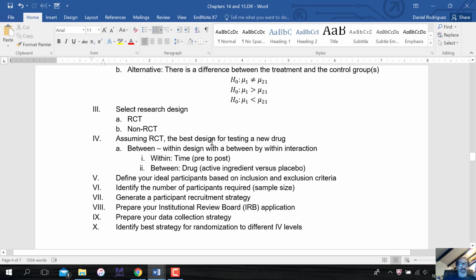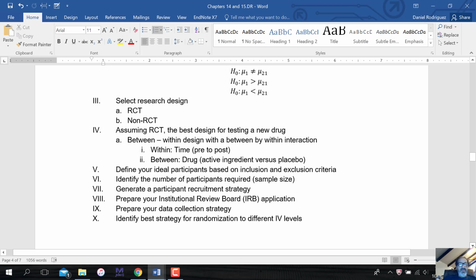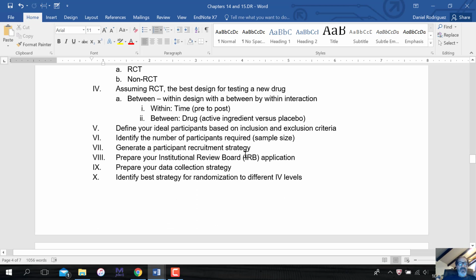If we're doing a randomized controlled trial, really the best way to do any study is what we call a mixed design, where we have both within and between group effects. Within means this is a change within an individual, so this means a repeated measure. For instance, if we wanted to test the effect of the drug on happiness, we'd measure happiness at pretest, we'd give the individuals the drug or the placebo, and then we'd measure happiness again.